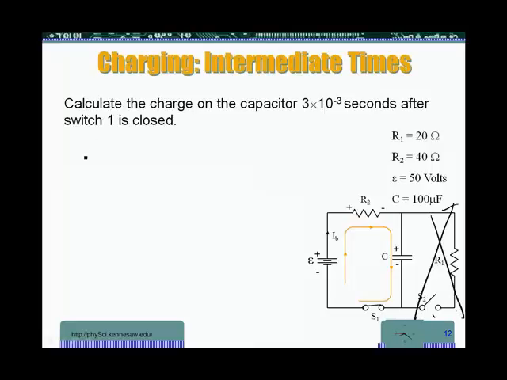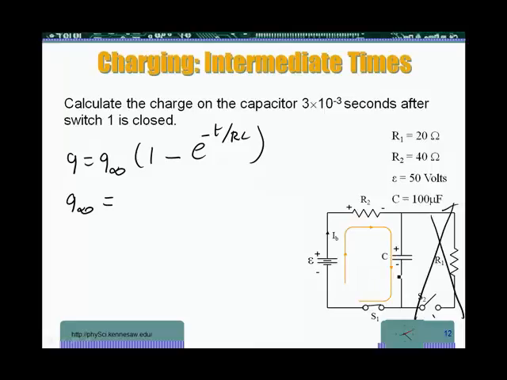Now, charge in a capacitor, Q is Q infinity times 1 minus exponential minus T over RC. Q infinity, that's the charge in capacitor after a long time.